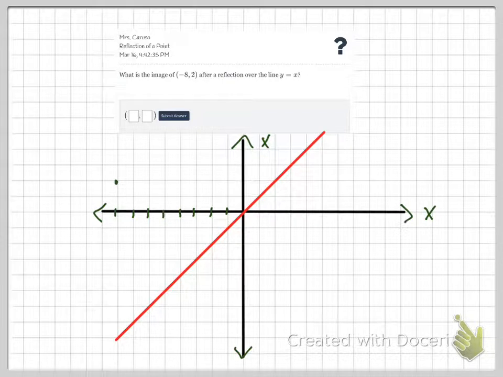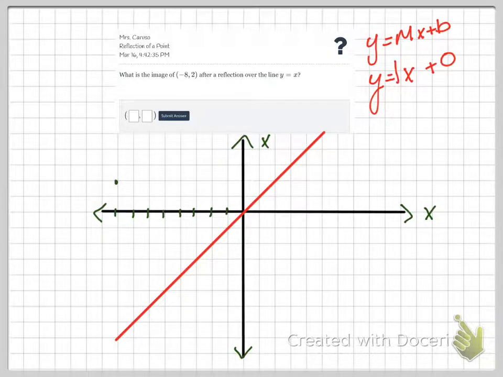And just to remind everybody, how did you even know that? y = x is in the form of y = mx + b, except that in y = x, my b is missing because it's 0, and my m is not showing because it's assumed to be a 1. If there's no number but there's a letter, it's a 1 in front.